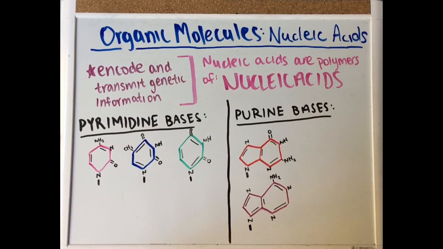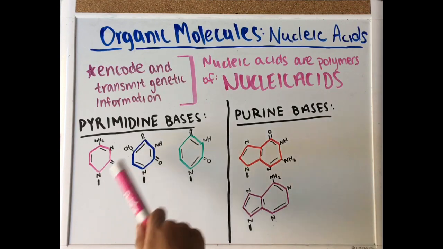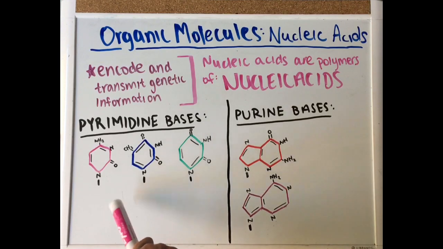Okay, now that we've discussed the structure of the ribonucleotides and the deoxyribonucleotides, we can talk about their bases. So the bases are built from nitrogen-containing rings, and there are two types. There's the pyrimidine bases and the purine bases.